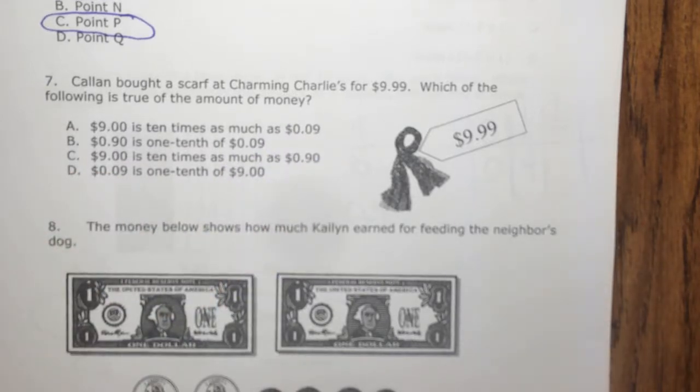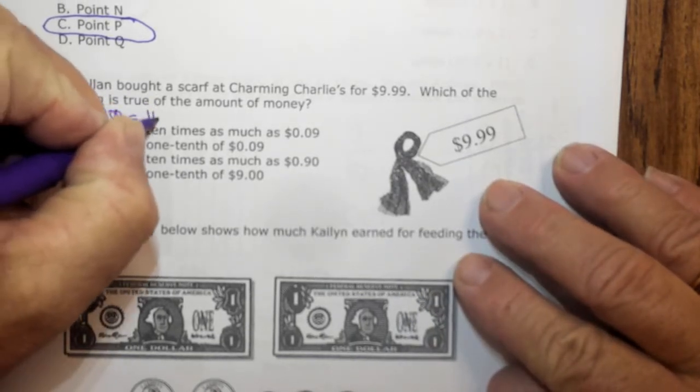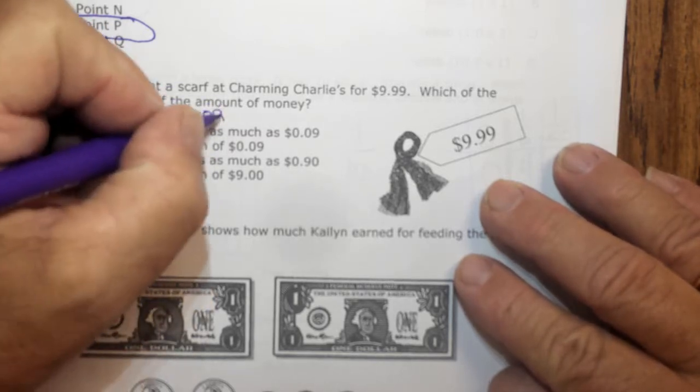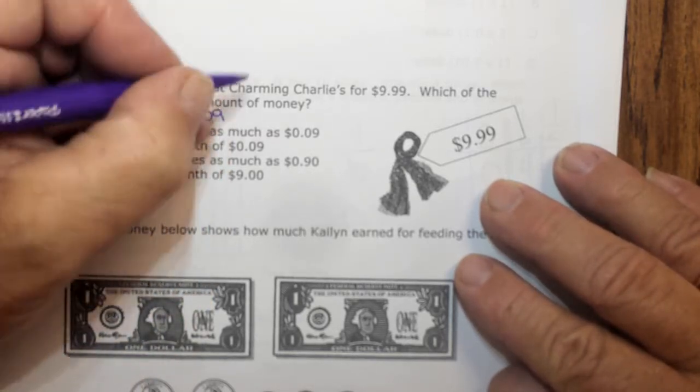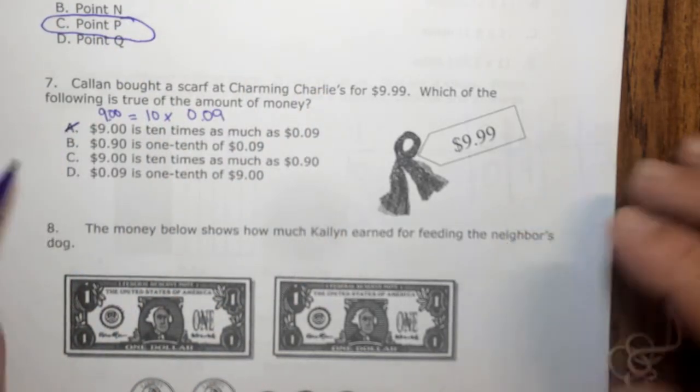If I multiply 9 cents times 10, am I going to get $9? No, I'm only going to get 90 cents. Because $9 is 10 times as much as 0.09 is not true, because that would only move it to 90 cents. Okay, so that's false.